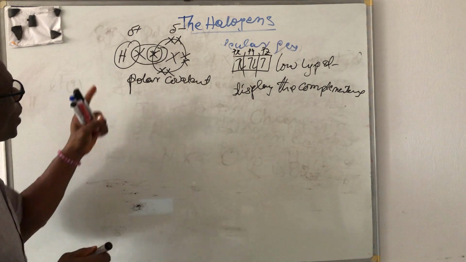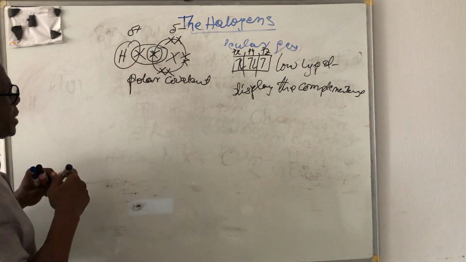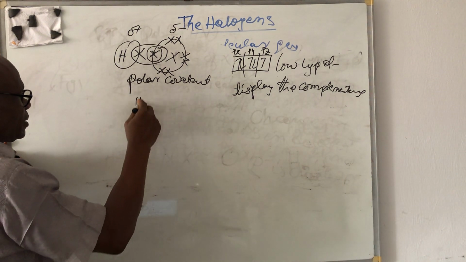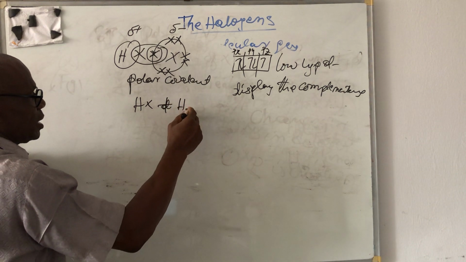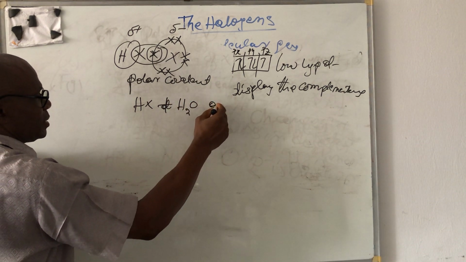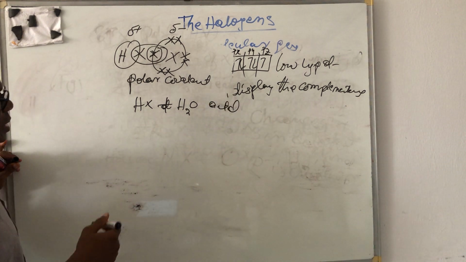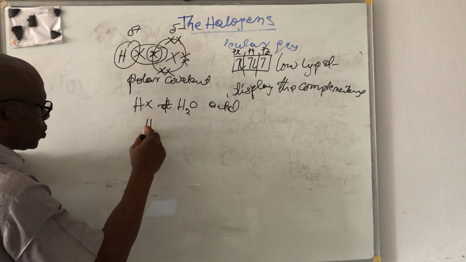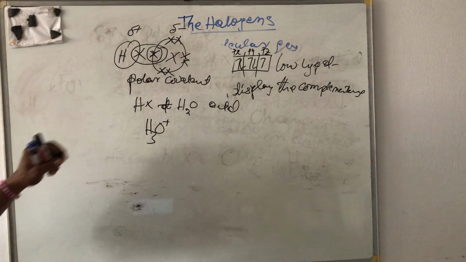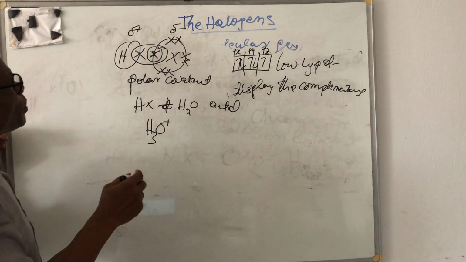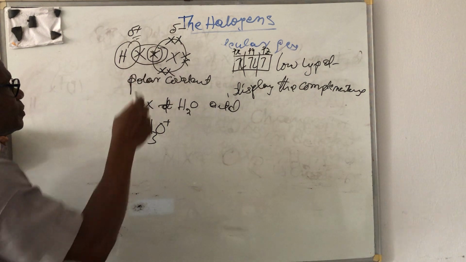And when that happens, if HX dissolves in water, it will yield an acid, where you will see the possibility of forming a hydroxonium ion in the medium. That is the point that we would say that it may assume a positive charge.